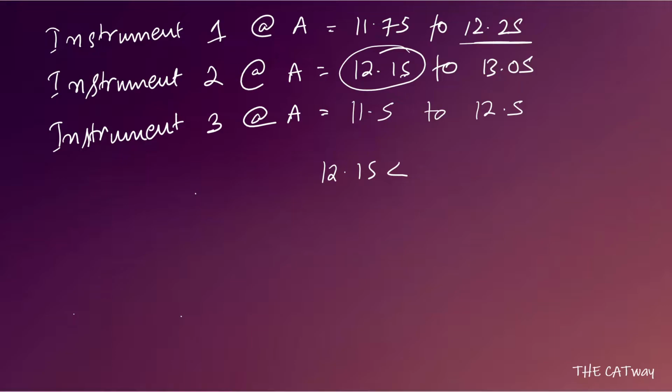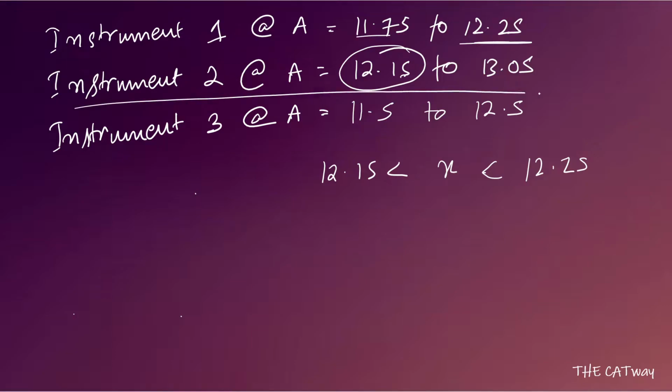So it will be somewhere below 12.25, because we have to find the final range. You cannot say that it is going to be 11.8, because then instrument 2 will not be satisfied. So you have to check for numbers which satisfy all of them. The only range which we get is 12.15 to 12.25.